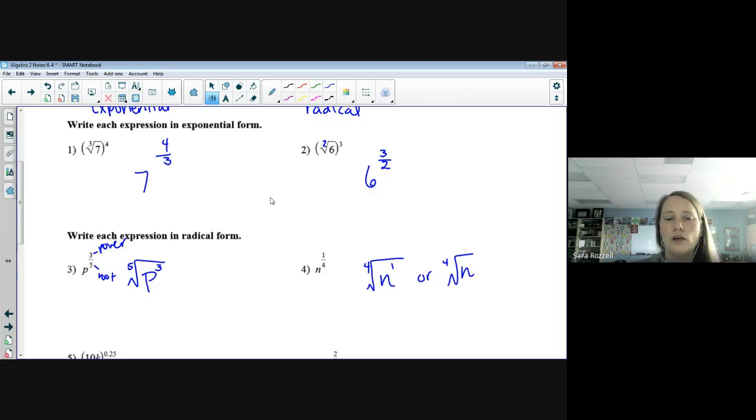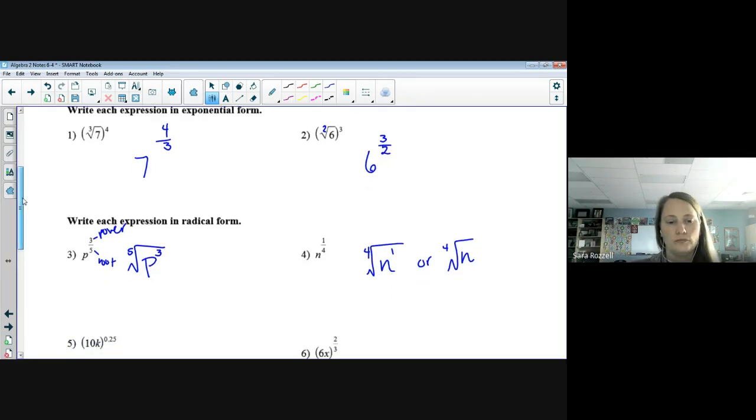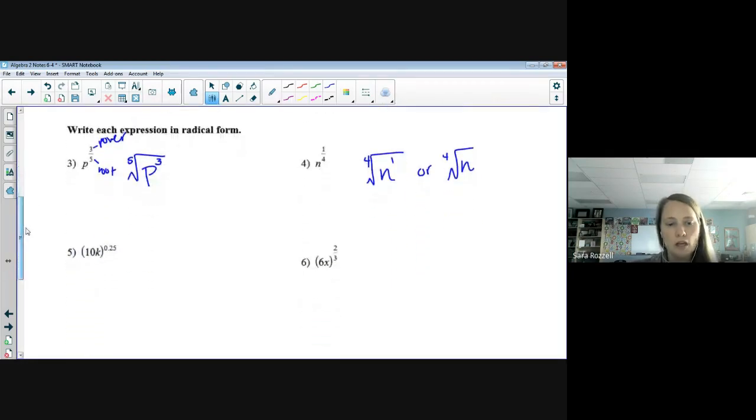Okay. Questions between going from exponential to radical form? Power is on the top, root is on the bottom. Okay. The next one that we're looking at, they have it written as a decimal. If you have powers as decimal, you need to switch them into fraction mode. What is 0.25 as a fraction? 1/4, right?